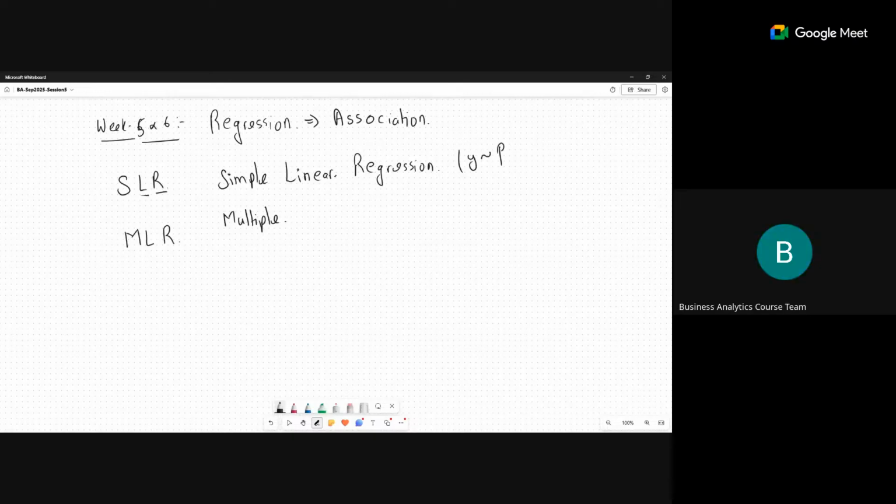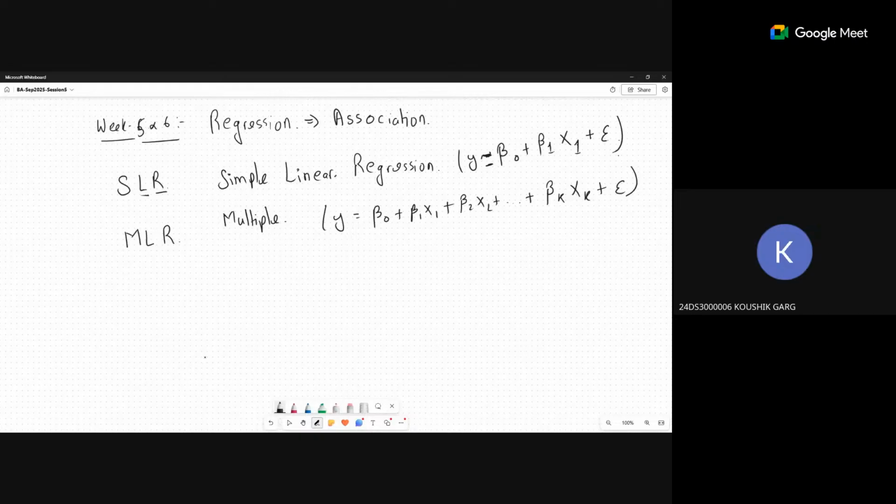Y is going to be beta naught plus beta 1 x1 plus epsilon. This is going to be your SLR. Whereas in your MLR, it's going to be y is equal to beta naught plus beta 1 x1 plus beta 2 x2, and so on, plus beta k xk plus epsilon. That is going to be your MLR.